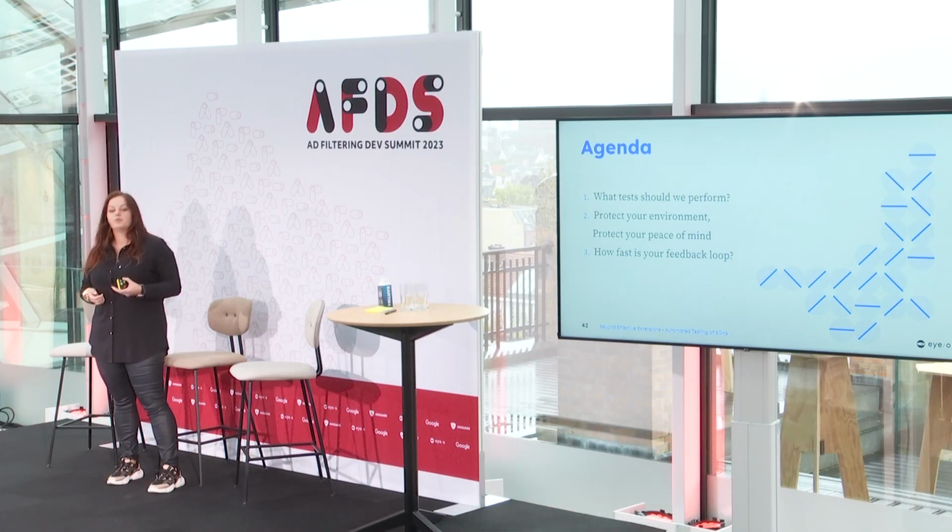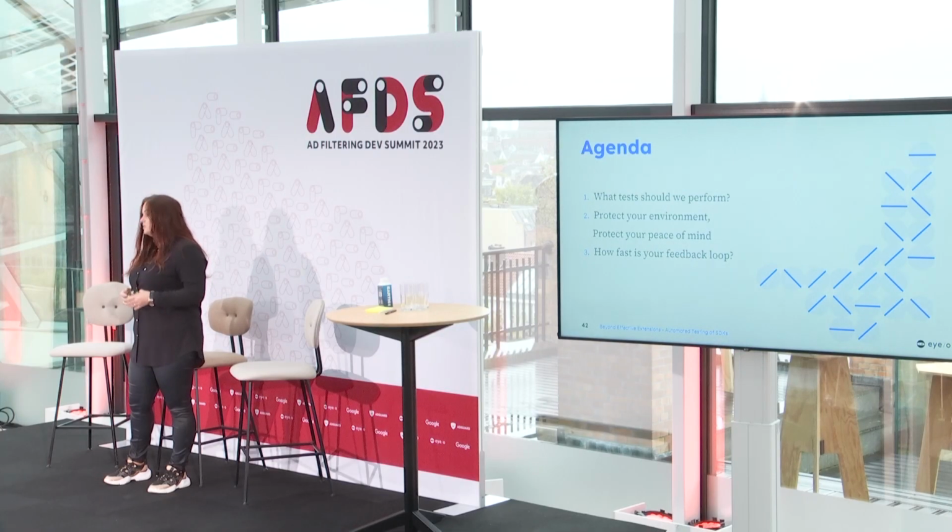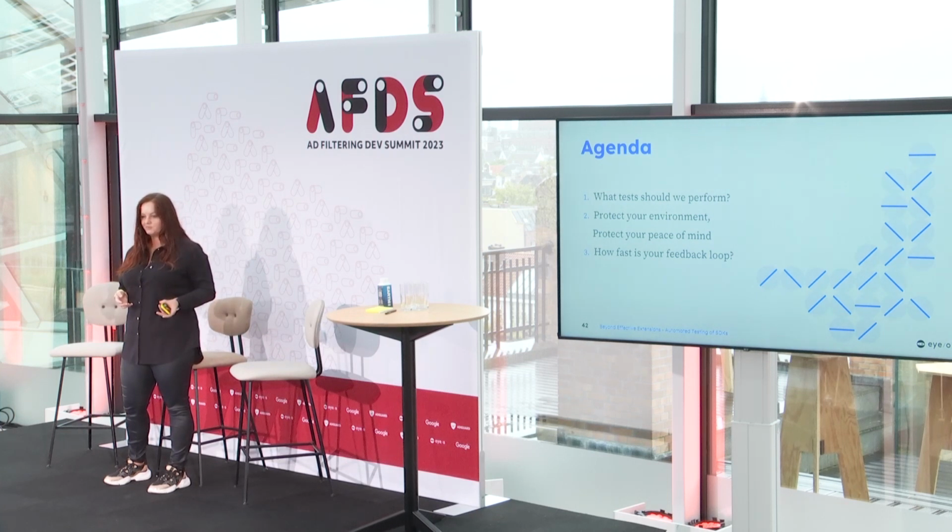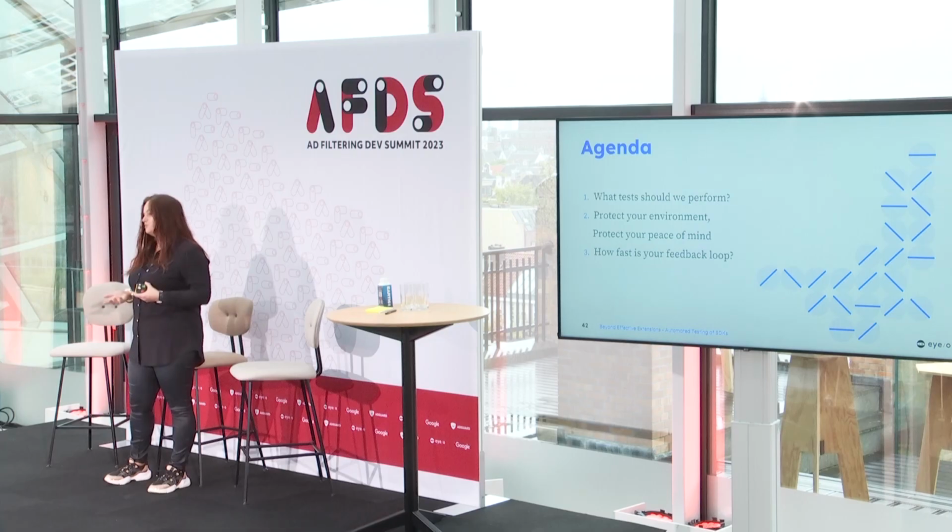So the first one will be about what kind of tests we should perform, and here I will indeed focus mostly on the SDK. Then we will talk about protecting the environment, and the third part will be the most crucial question I have: how fast is your feedback loop? And I would like to ask you, if you are developing software, to ask this question also when you are working on the automation.